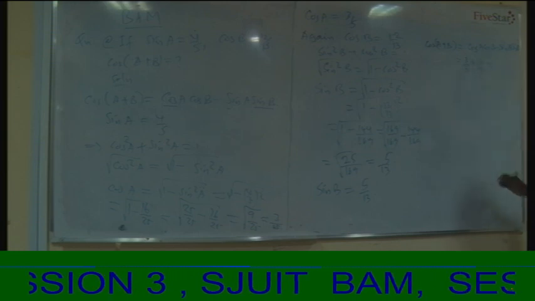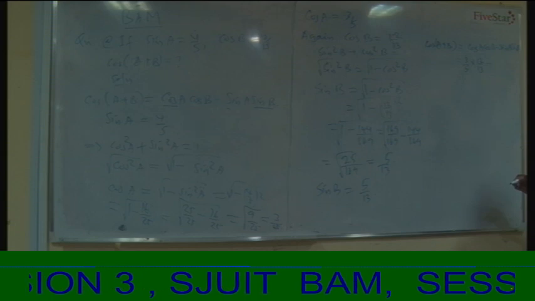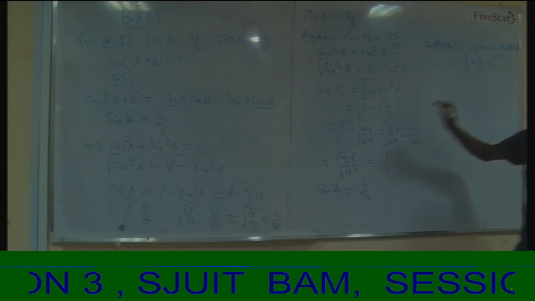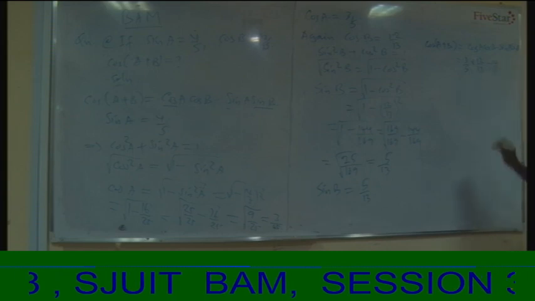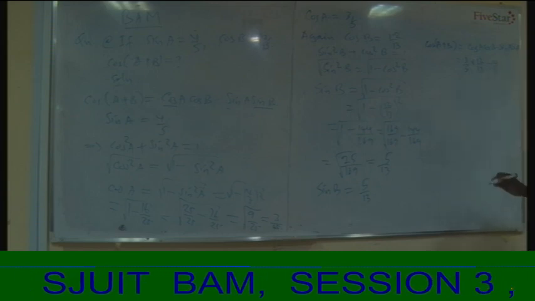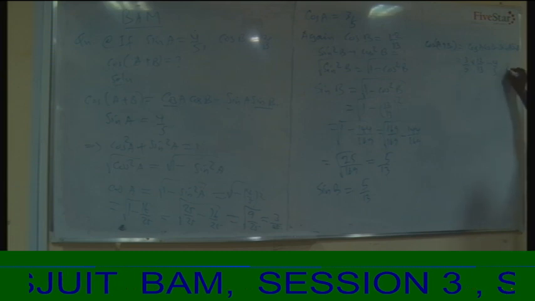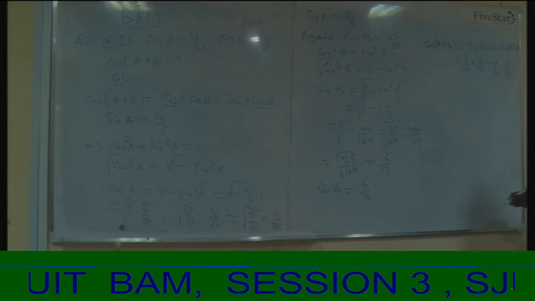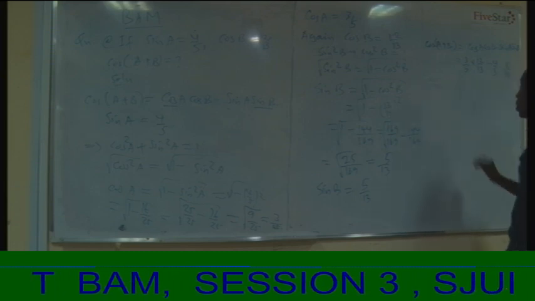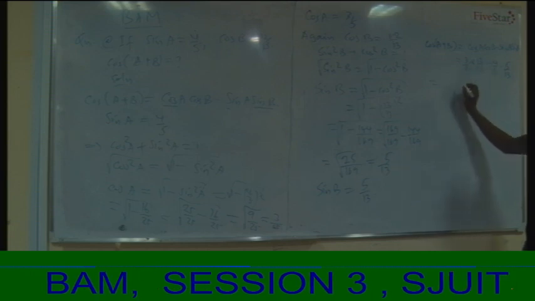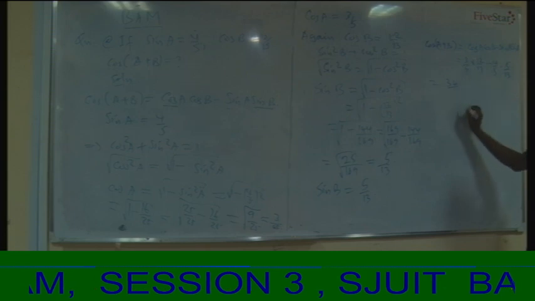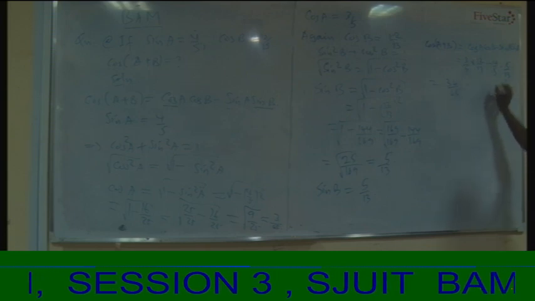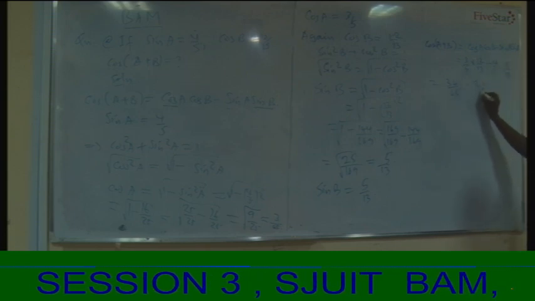Then minus sine A, which is 4 over 5, times sine B, which is 5 over 13. Then we can simplify if we can. 3 times 12 is 36, divided by 5 times 13 which is 65, minus 20 divided by 65.